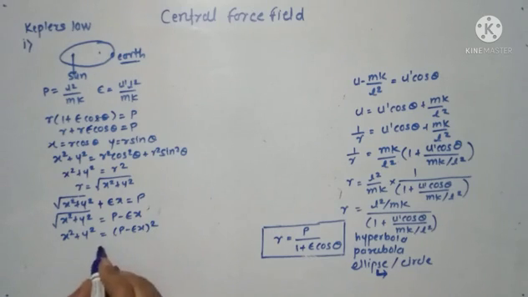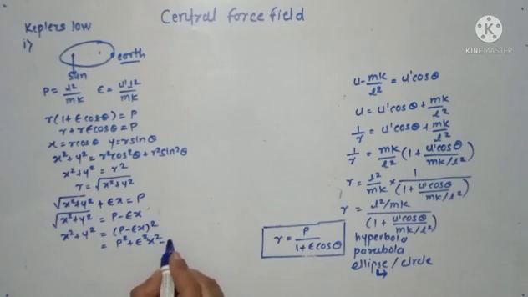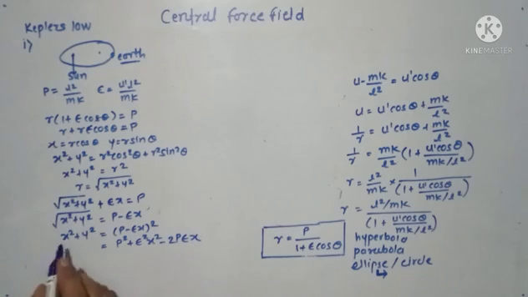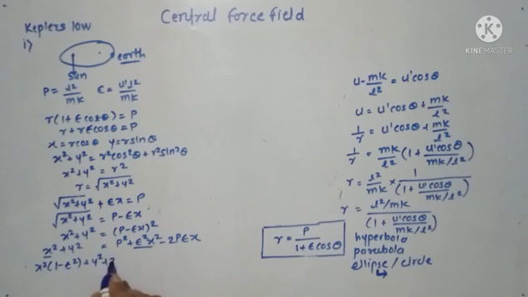Now if I expand this bracket, it will be P² + ε²x² − 2Pεx. Taking these two terms, x²(1 − ε²) + y² + 2Pεx = P².